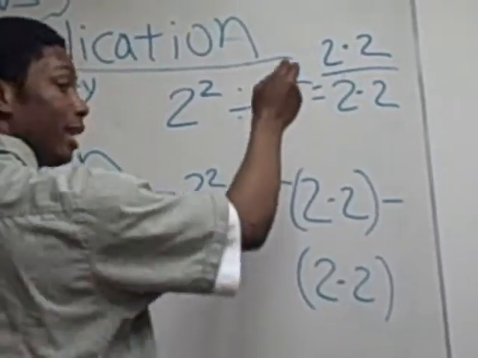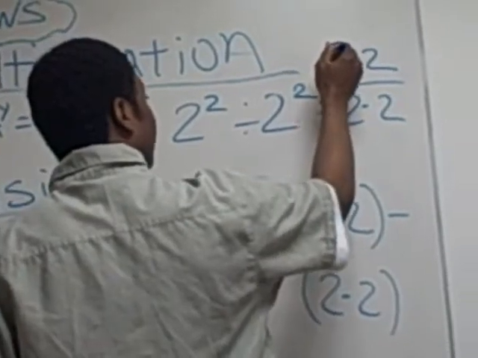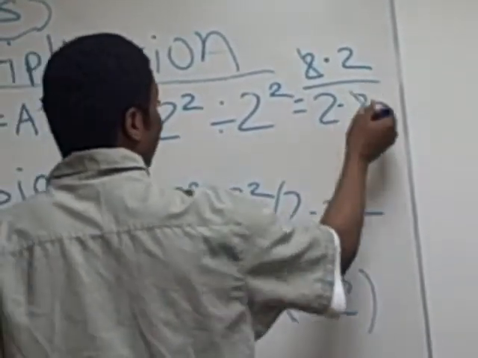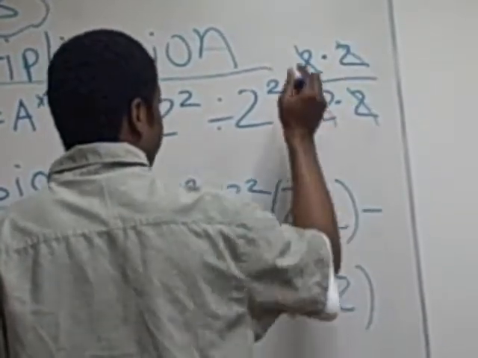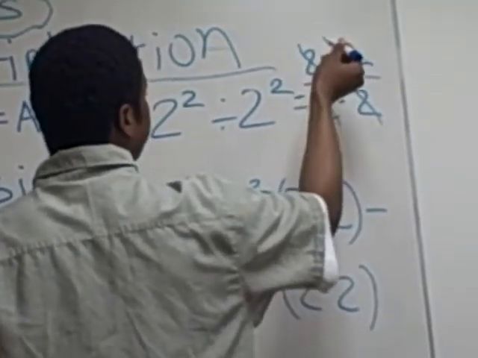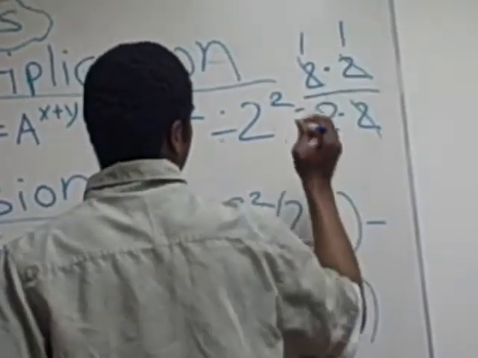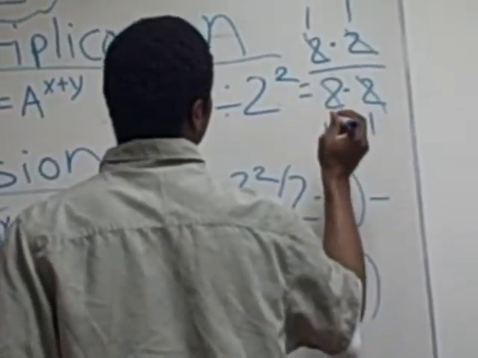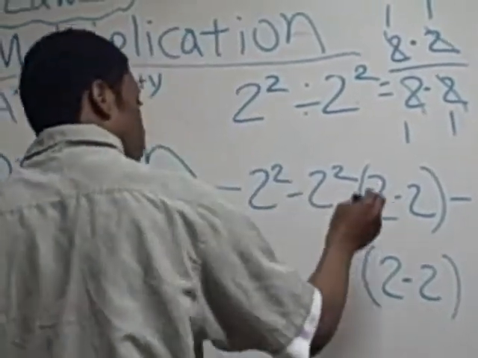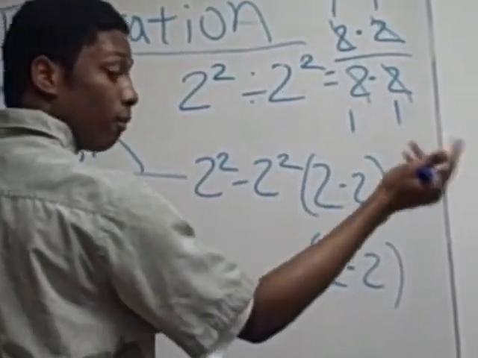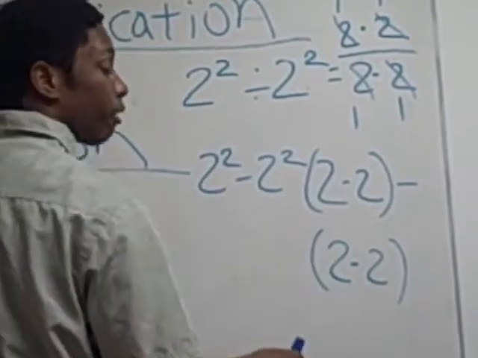So, first thing up here is, in a division problem, if they're the same number or they're divisible by each other, they cancel out. Since we have 2 2s up here and 2 2s down here, this becomes 1, this becomes 1, this becomes 1, this becomes 1. Over here, we just simplify this. 2 times 2 is 4, and 2 times 2 is 4.